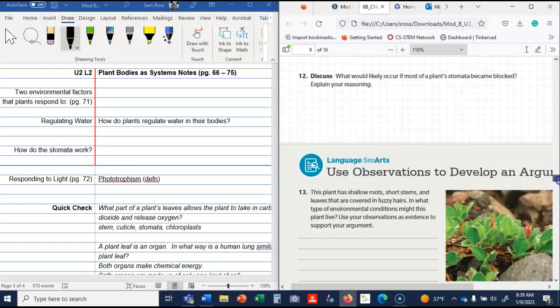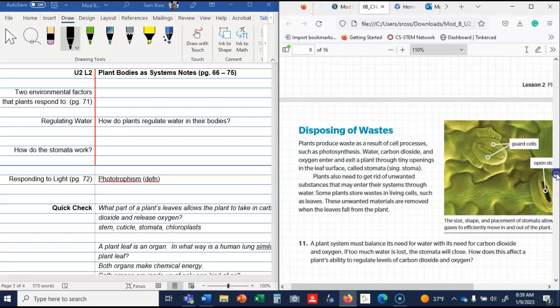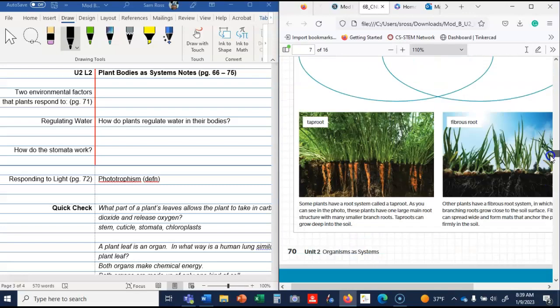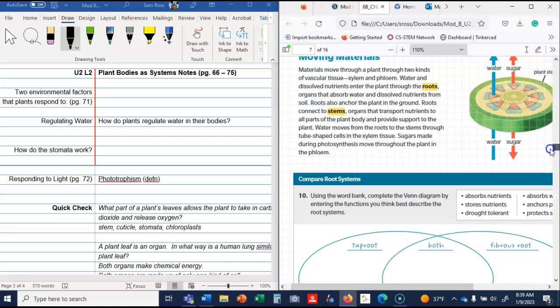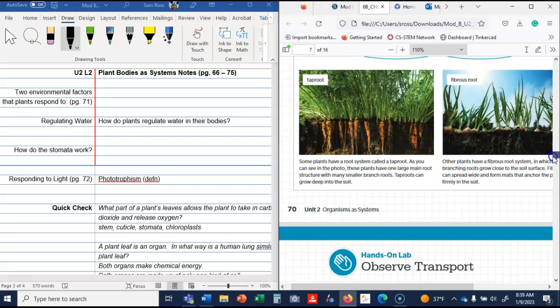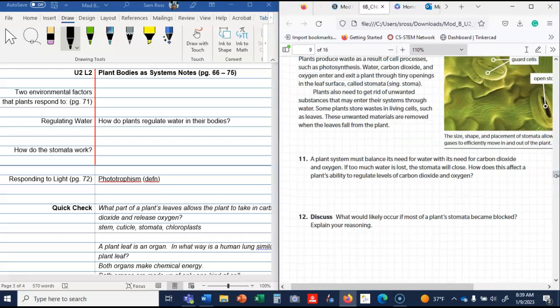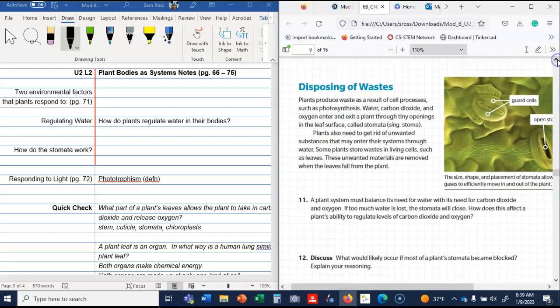Where is this? How do plants regulate their bodies? That's 72, and phototropism is not on 72. That's interesting.